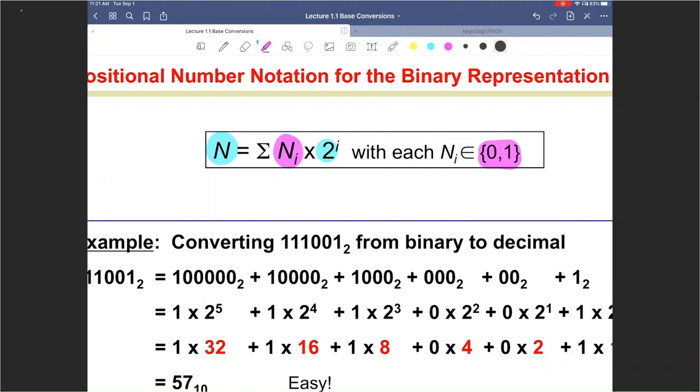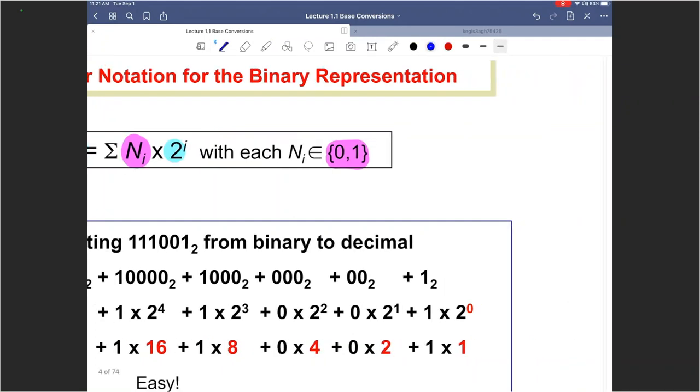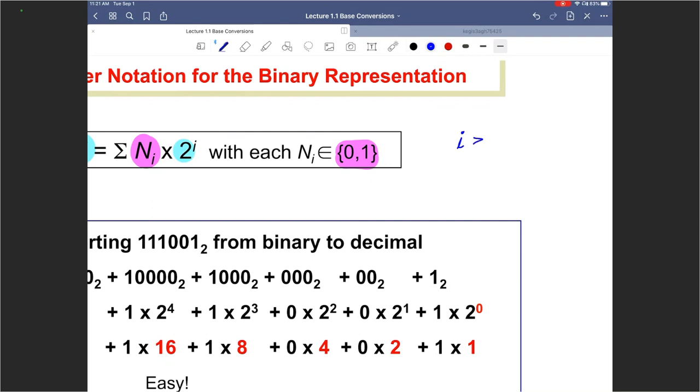But i itself can be greater than or equal to 0 for integers. And then if it goes less than 0, still integers, you will get fractions. The same applies even for the decimal number system. When i is -1, -2, -3, that's how you are getting fractions.